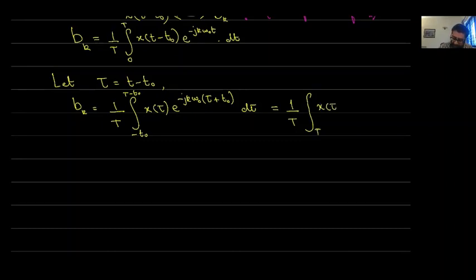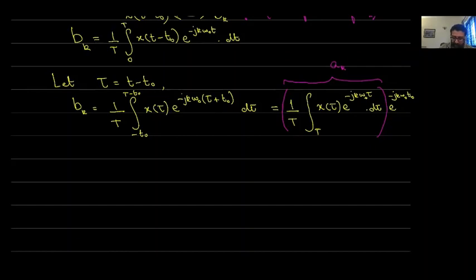I have x of tau here, then I have e raised to minus j k omega naught tau d tau, and I can pull e raised to minus j k omega naught t naught outside because that's not a function of the integration variable tau. So what you observe immediately is that this thing here is a sub k.